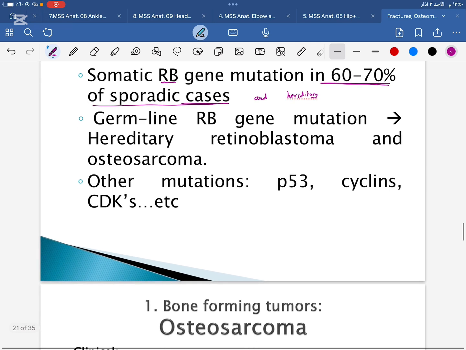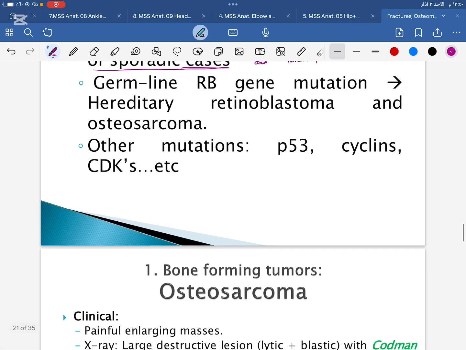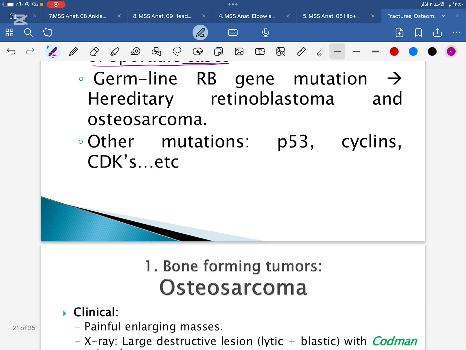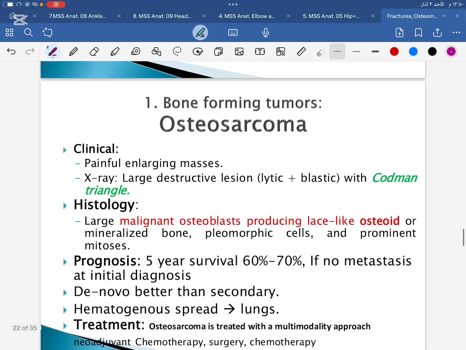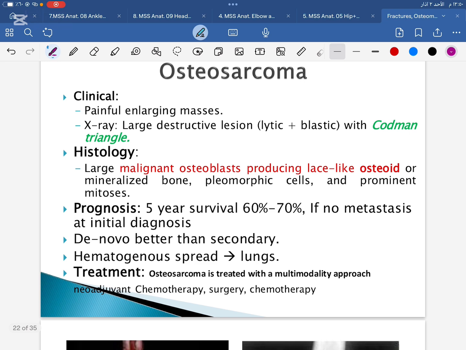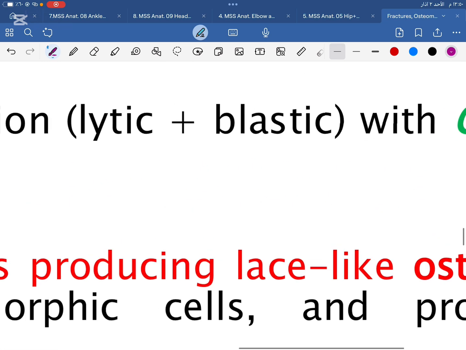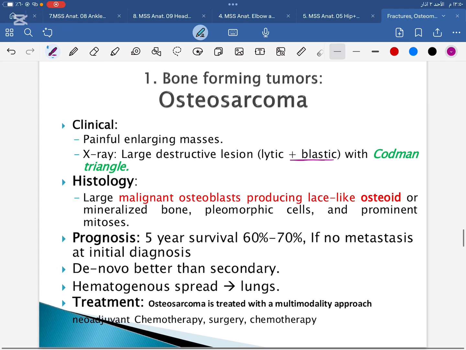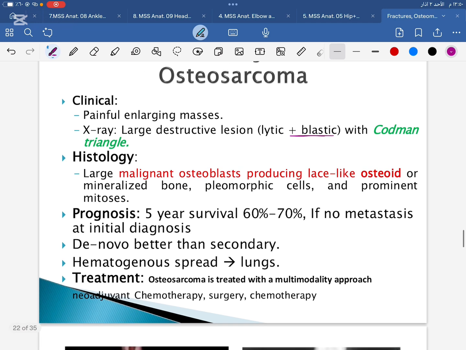So clinically, it's a painful enlarging mass. On X-ray, the description is a large destructive lesion. It could be a mixed lytic and blastic lesion, okay, with sclerotic bone formation, and there is a radiologic phenomenon called Codman triangle. Codman triangle is related to what?